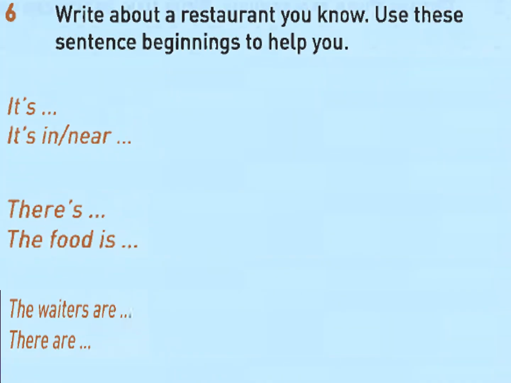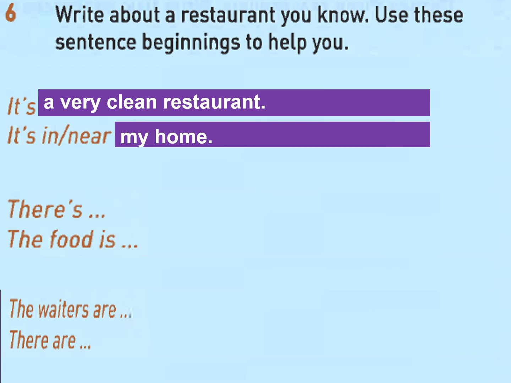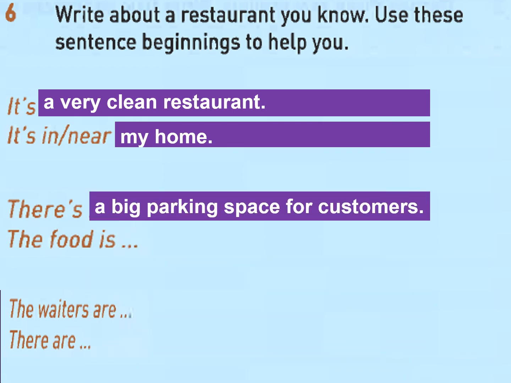Exercise 6. Write about a restaurant you know. Use these sentence beginnings to help you. Now, check the example answers. It's a very clean restaurant. It's near my home. There's a big parking space for customers.